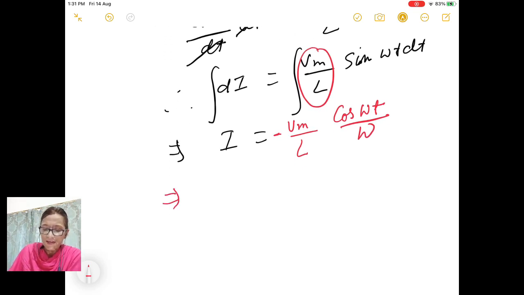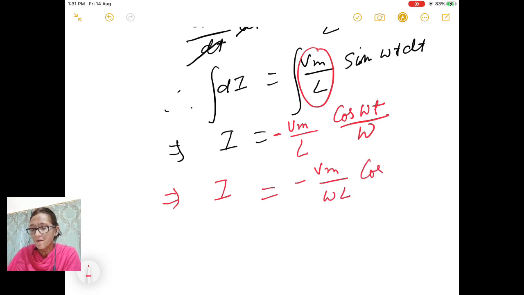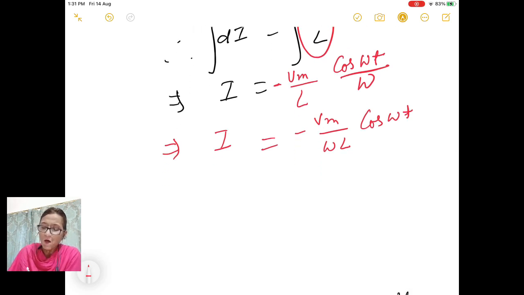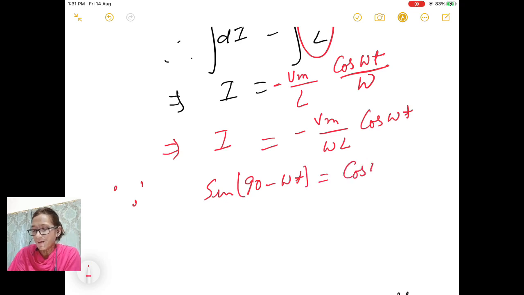Therefore, your instantaneous current I comes equal to minus Vm upon omega L cos omega t. So this is your instantaneous current. Now you know that sin of 90 degree minus theta is equal to cos theta.